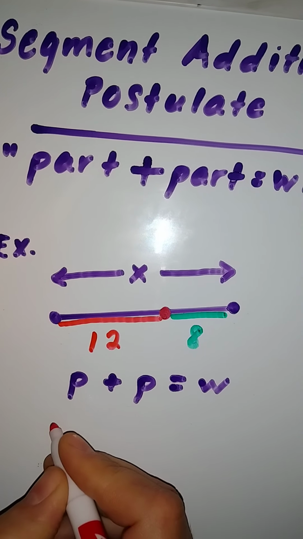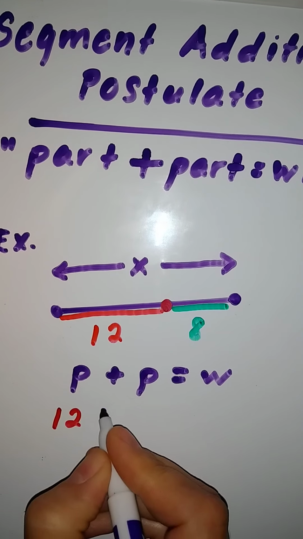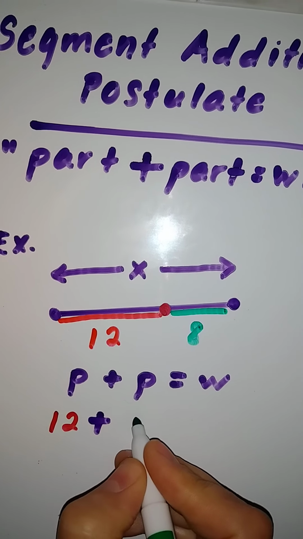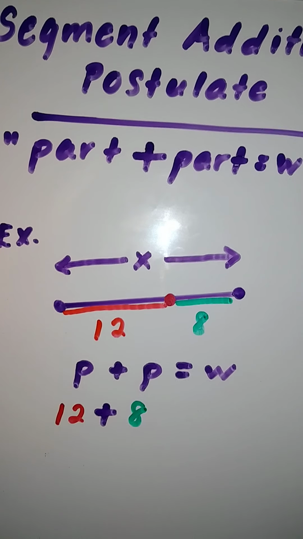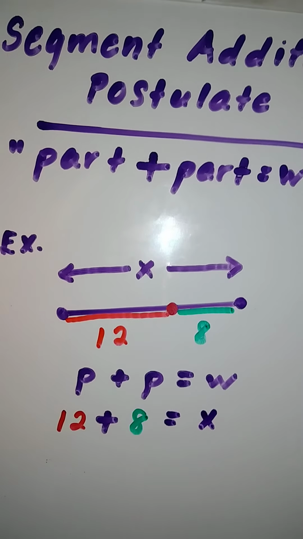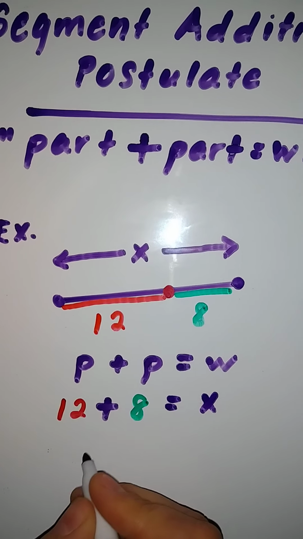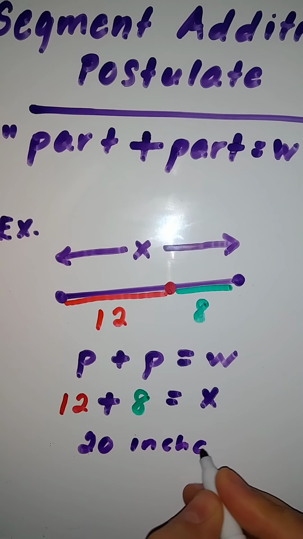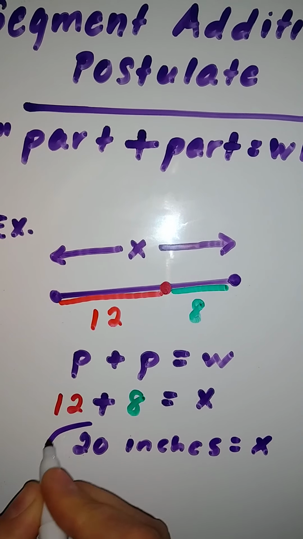We've got the part that I labeled in red, addition postulate, part I labeled in green, and that's going to help us determine the entire length. Add these two parts and I get 20 inches. And that is the length of this segment.